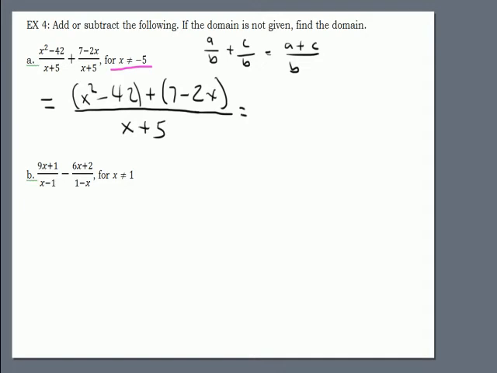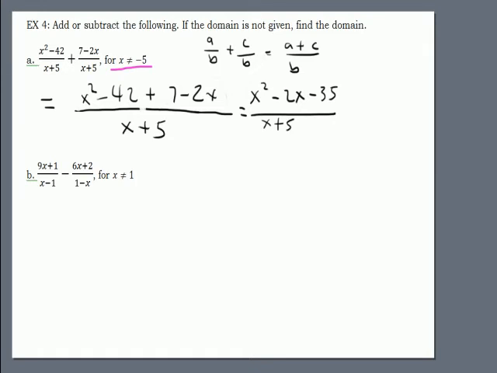Alright, continuing with this, we have x squared minus 2x, just rewriting it in terms of descending order. And I'll notice, well, we didn't really need those parentheses, so let's actually just get rid of them. Combining like terms on the numerator, I've got the negative 42 plus 7. Well, negative 42 plus 7, that should be a negative 35, I think. So that's x squared minus 2x minus 35 over x plus 5.